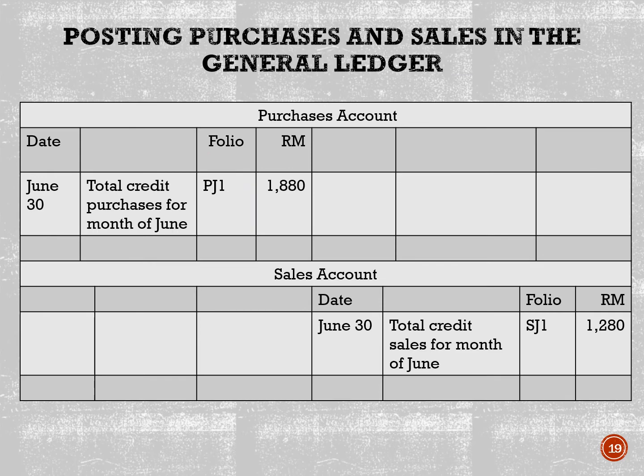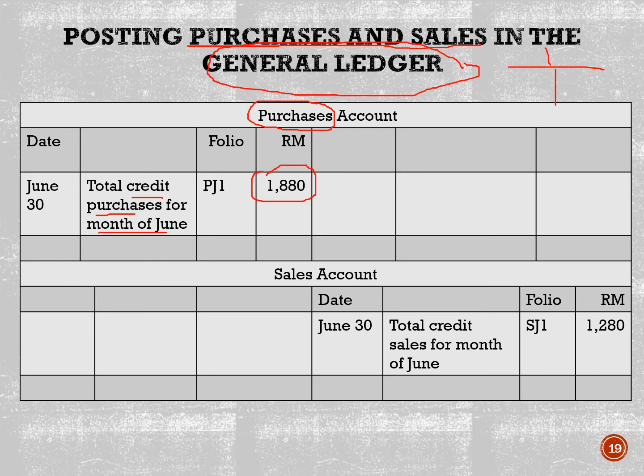So next, posting purchase and sales in general ledger. So tadi kita dah kira total. So this one untuk purchase account. So dalam general ledger kita akan buka satu account which is that purchase account. So this one is account T lah. Kita still buka account T, and then kita akan post the total credit purchase of month of June.